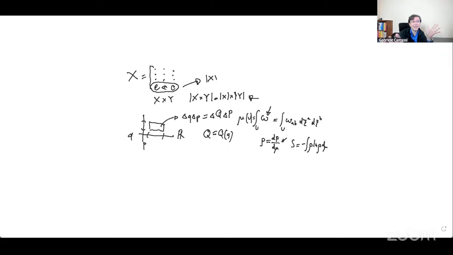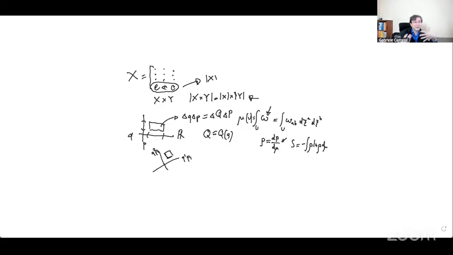You just multiply the configurations on one side with the configurations on the other side. So, for example, if this is the configuration space for q1, p1, and this is q2, p2, then if you have an area here and an area here, the total volume is just the product.